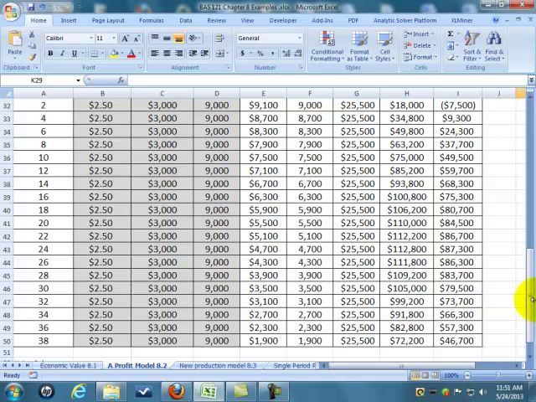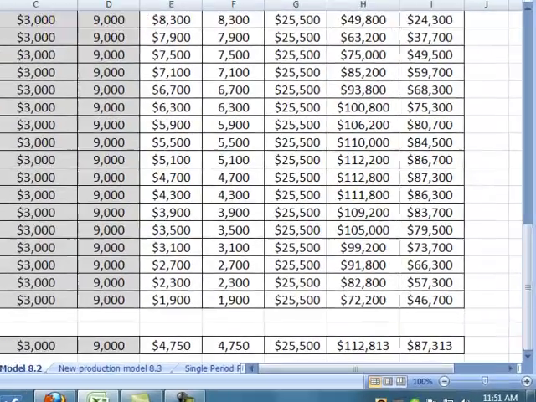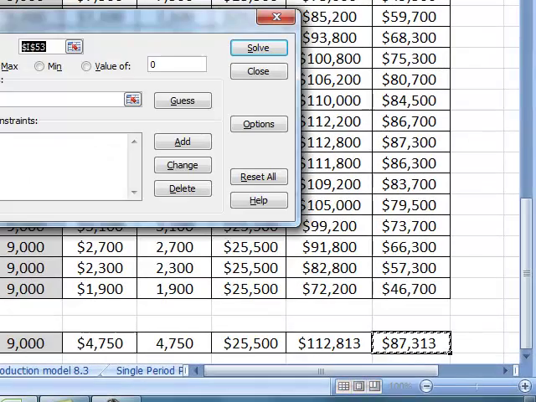So we could expand this and use our solver. Remember, we've used solver before, where we go to data, solver, and we could say, you know what, I want you to maximize our profit by changing our price.